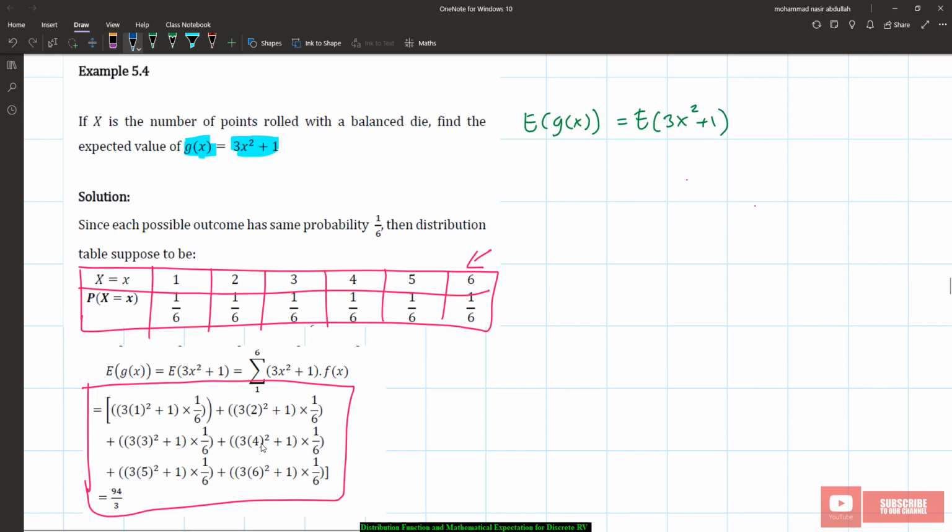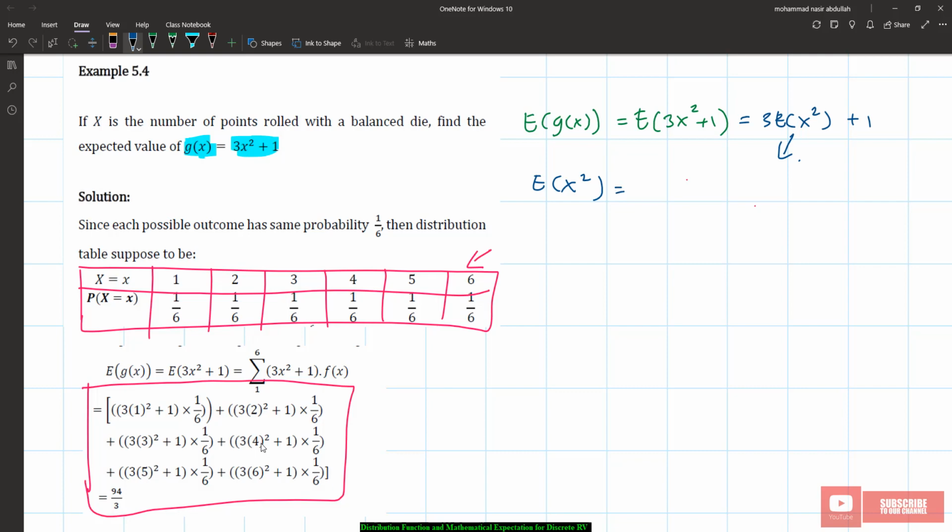When you do a complicated equation, you have a high chance of making a mistake. So this one should be equal to 3 expected of x squared plus 1. Now it's easy for you to find expected of x squared instead of this calculation.